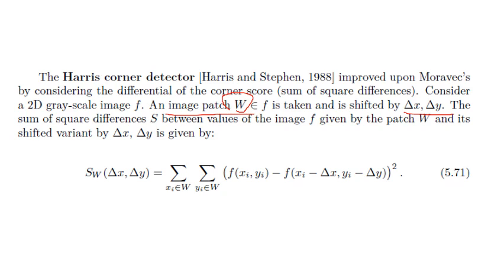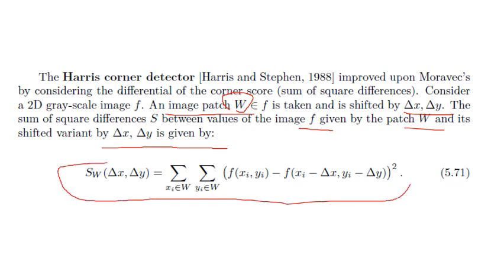So we take a small patch W in the image f and shift that patch. The sum of squared differences S between the values of f and the shifted patch, shifted by delta x and delta y, is given by S_W of delta x, delta y.